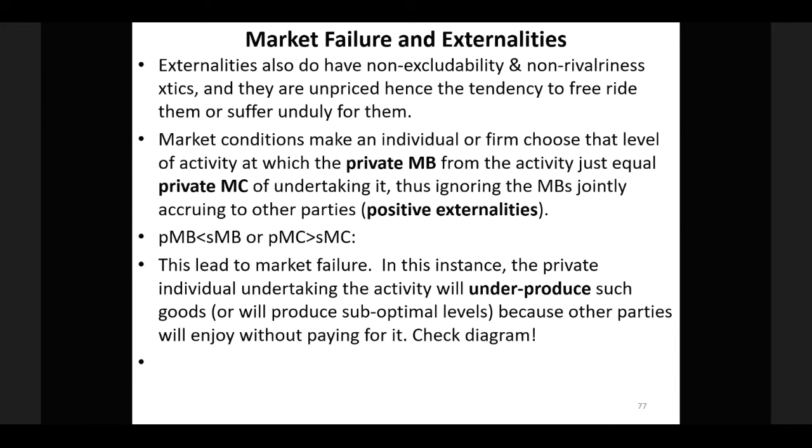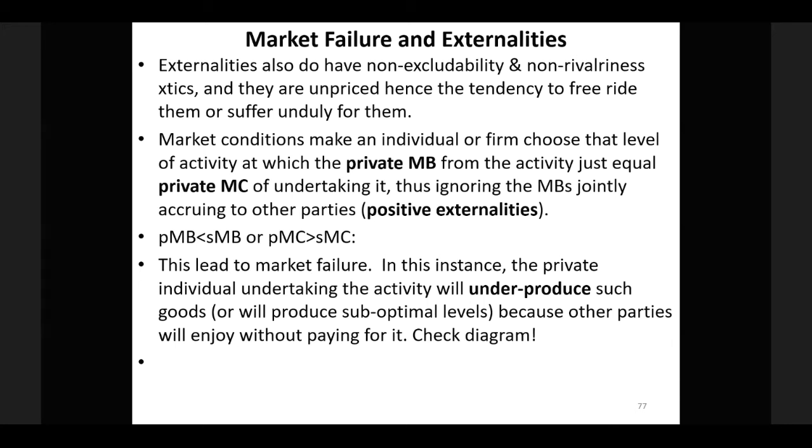You can't exclude them from enjoying it. And sometimes their consumption doesn't affect the consumption of others as well. So externalities also have the non-excludability and non-rivalry properties. Therefore, they can be unpriced, and this can lead to the free rider problem where they consume it without paying for it.